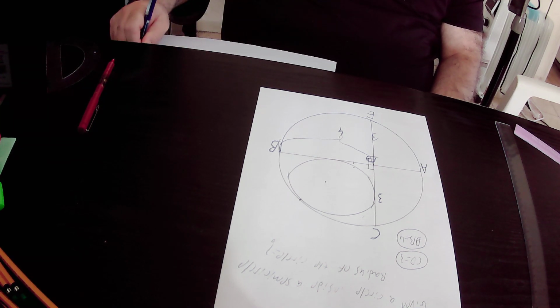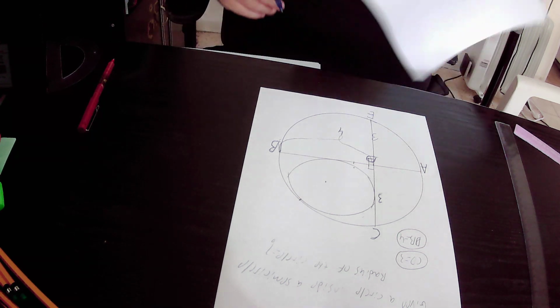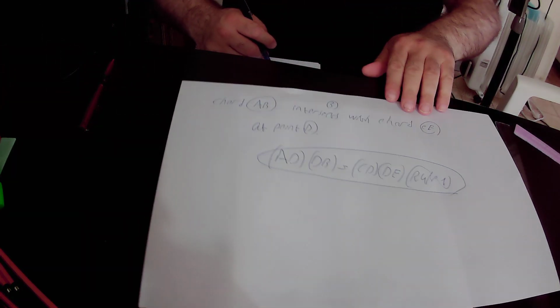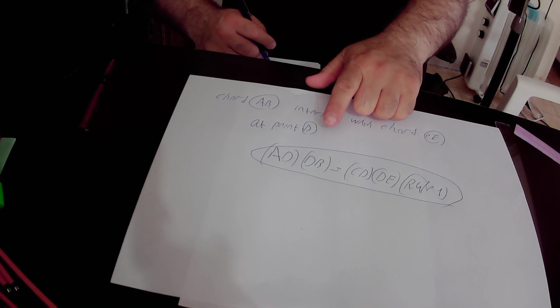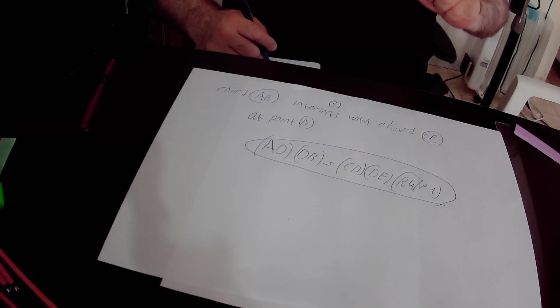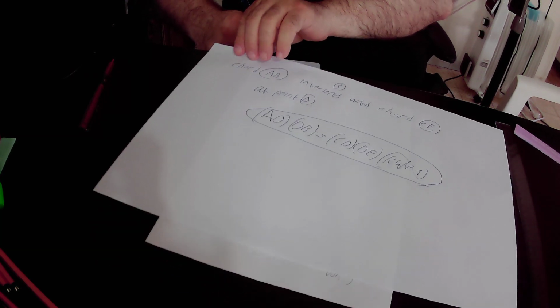I repeat again, according to rule number 1, AD times DB equals CD times DE. Okay?